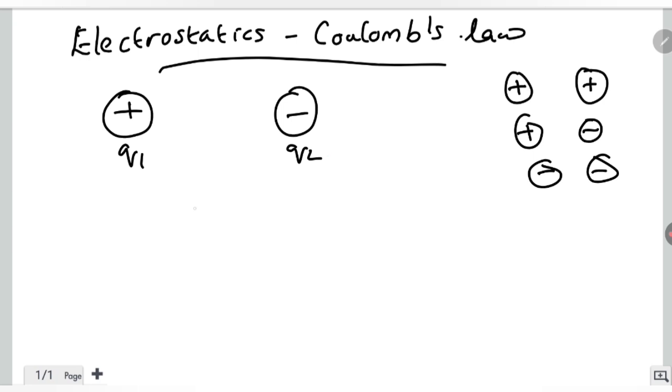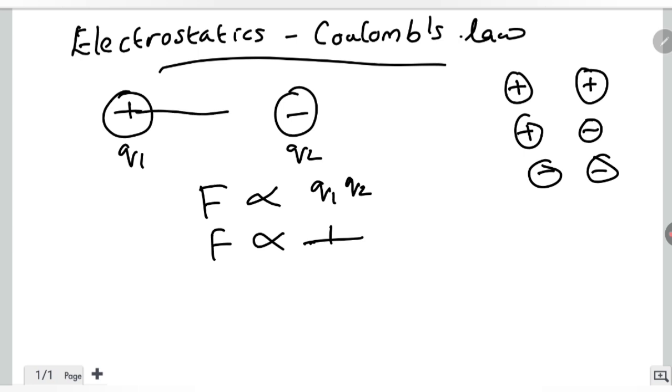According to Coulomb's law, the electrostatic force between two charges is directly proportional to the product of the magnitude of the charges. The product is Q1 times Q2. And it's inversely proportional, which means 1 over the square of the distance between them.